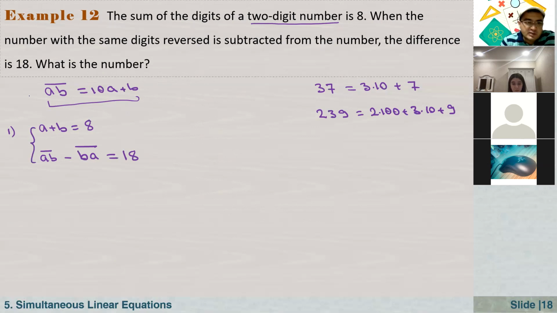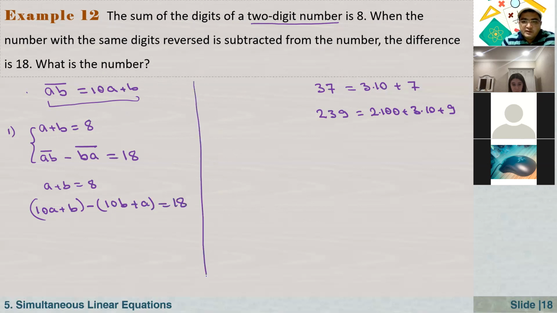So now using the first definition, A plus B equals 8. How about the second line? AB means here we have 10A plus B, minus BA, which is 10B plus A, equal to 18.